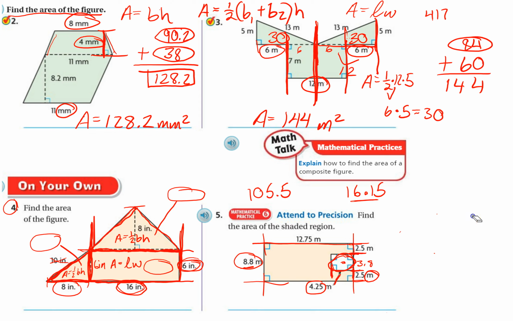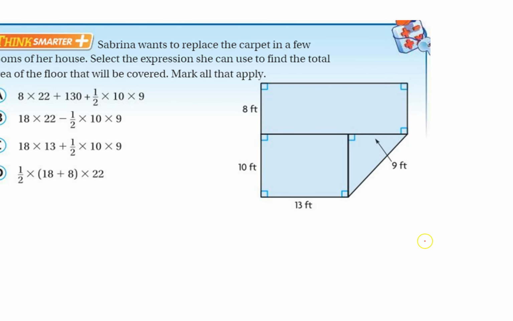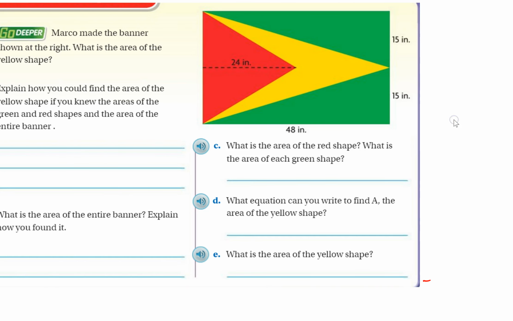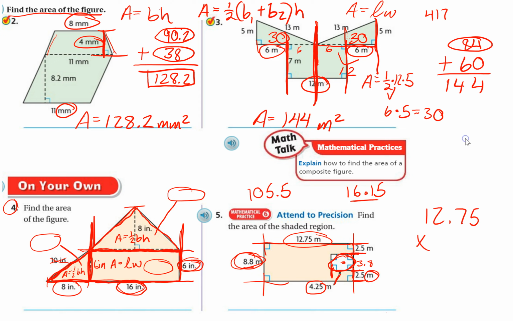Unless, of course, you caught an error that I made just now. Okay, now let me double check this area. 8.8 times 12.75. 8 times 5 is 40. 8 times 7 is 56.